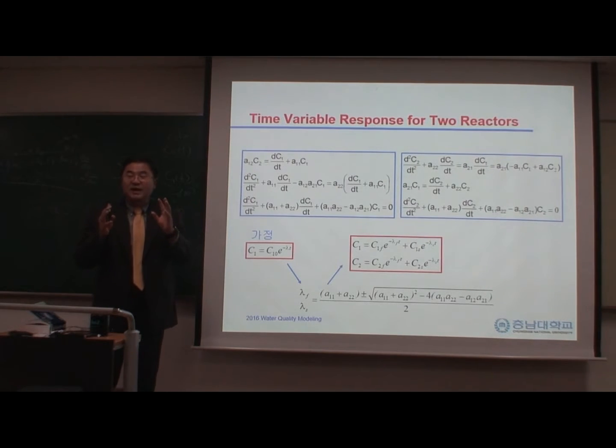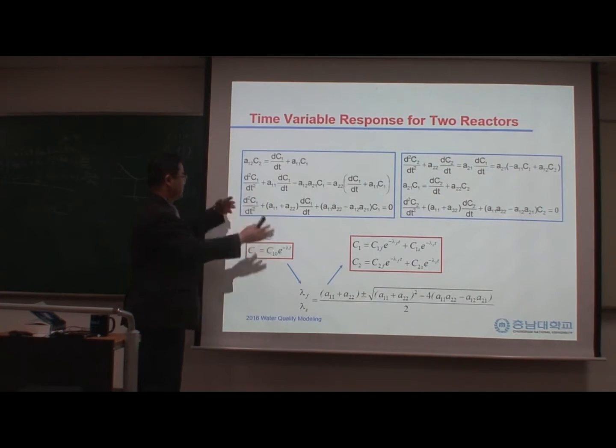Solving this equation means I want to express C1 as a function of time and C2 as a function of time. That's the solution. That's the final answer that I want to find. But if we have both the terms together, no way. Okay. So here, we just play with that.